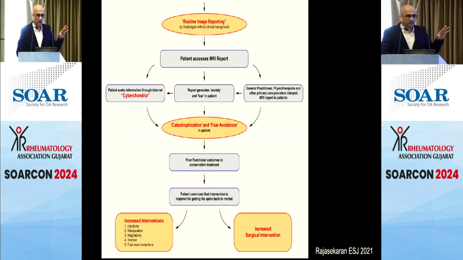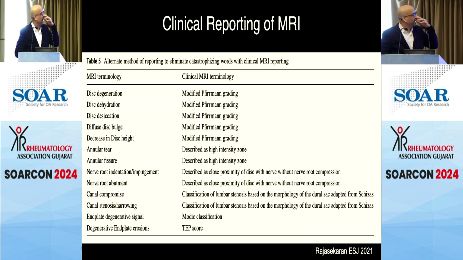So getting these MRI imaging without having a thought process in your mind is really harmful for a patient. And there have been studies which have said that instead of reporting MRIs in the fashion of disc degeneration or disc bulges or annular tears and fissures, because these are common English words, right?